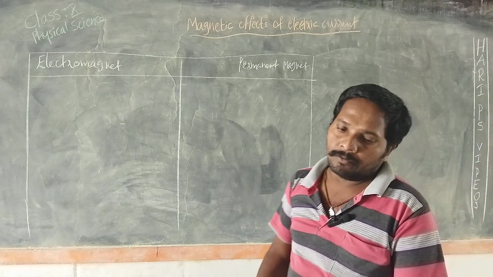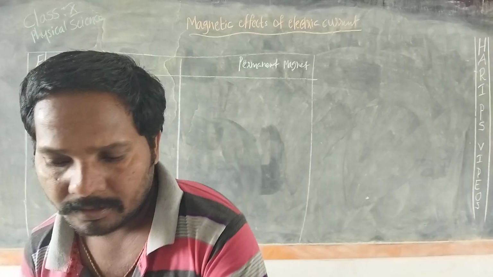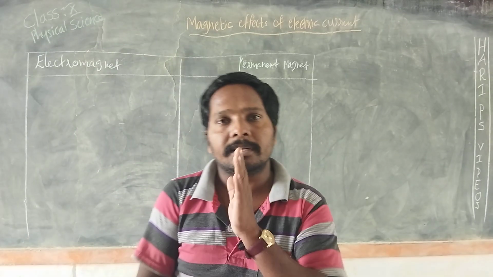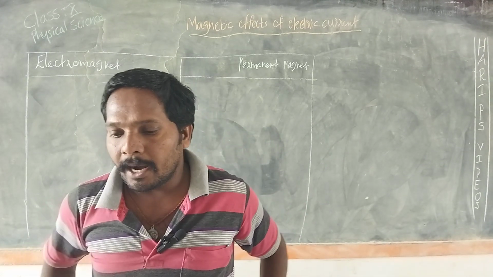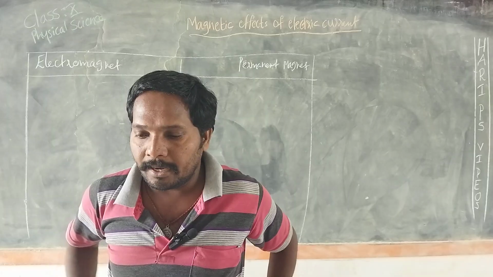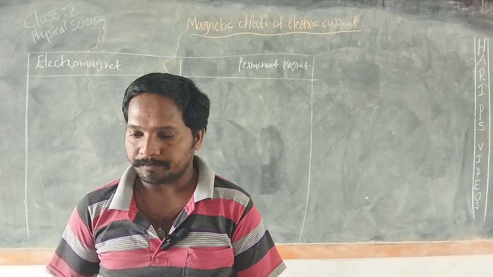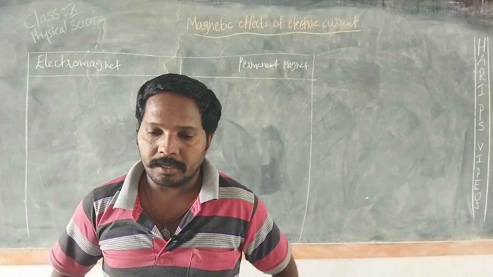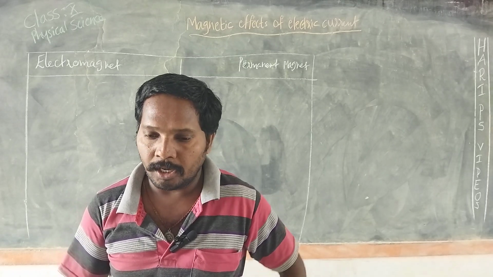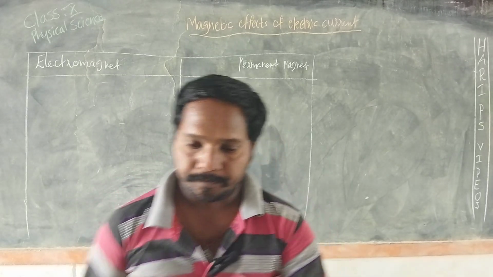So that's why I am directly explaining the differences between a bar magnet or a permanent magnet and an electromagnet. Okay, let us take a simple introduction about electromagnets.